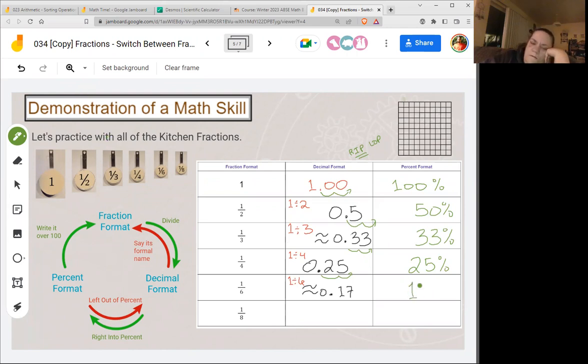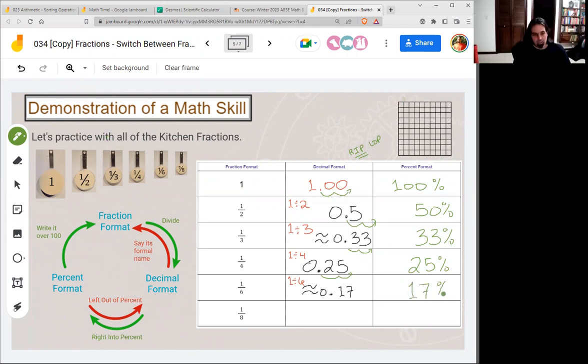Perfect. You got it. You can either do the riplop twice, or you could just look at that and say this is 1/10. So on the grid, there's my 1/10 and 7 little hundredth squares. And there's 17 out of 100 total.